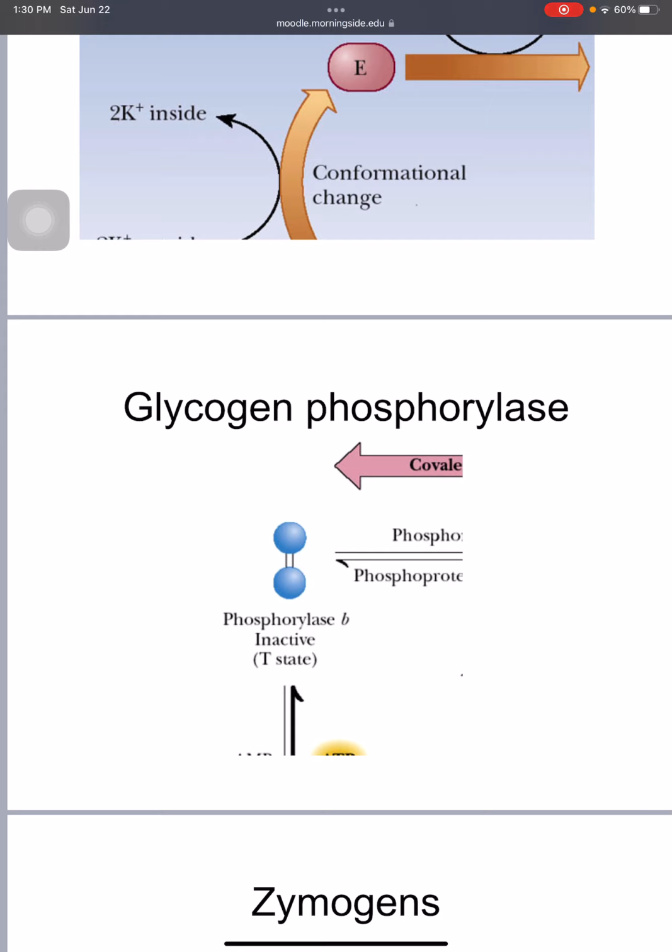Phosphorylase A is a little bit more active. They can both be completely inactivated or completely activated by other external inhibitors or activators. All right, so try to digest that.